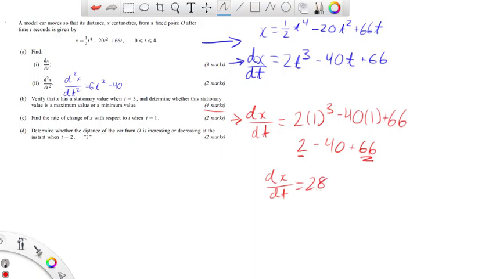And next, determine whether the distance of the car from the point O is increasing or decreasing at the instant when t is equal to 2. So, distance. Again, we're going to have that rate of change there.